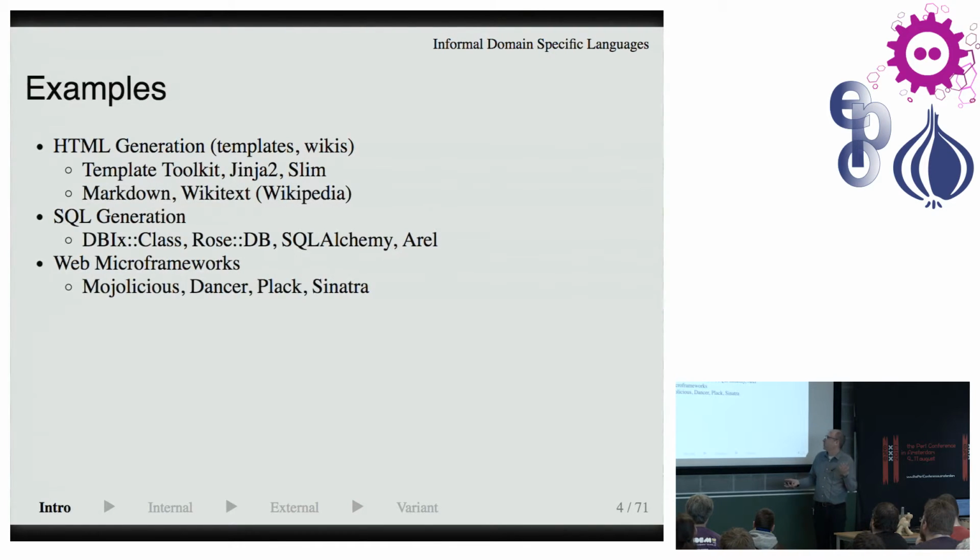In Python, SQLAlchemy. In Ruby, there's Arel. And these are all ways of avoiding writing SQL. But you still have your own little isolated informal DSL to generate these languages. Web microframeworks are another example. The cute syntax that you use to generate your routes, where you say get this, post that, and it generates routes. Those are also informal DSLs.